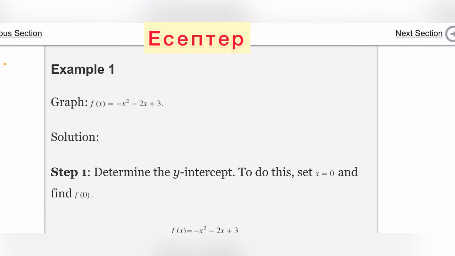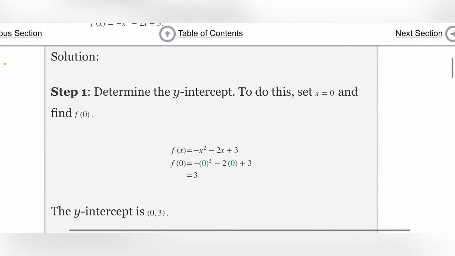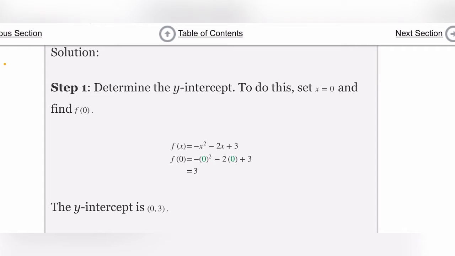Example 1. Graph f of x equals negative x squared minus 2x plus 3. We should plot its graph. So the solution will be, first we're going to determine the y-intercept. To do it, we substitute 0 for x and find f of 0.